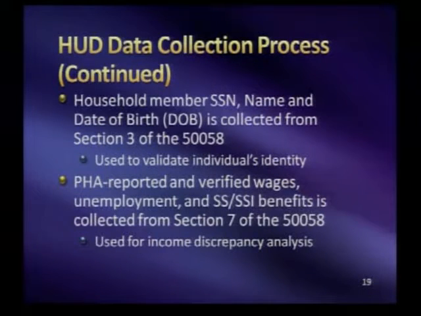Okay, we use that to validate the identity of your tenant. Your PHA reported and verified wages, unemployment benefit information on Section 7 of the 5.8 is collected so that EIV can do the data analysis to compare the PIC reported wage, unemployment, Social Security benefits to EIV reported wages, unemployment, Social Security benefits.